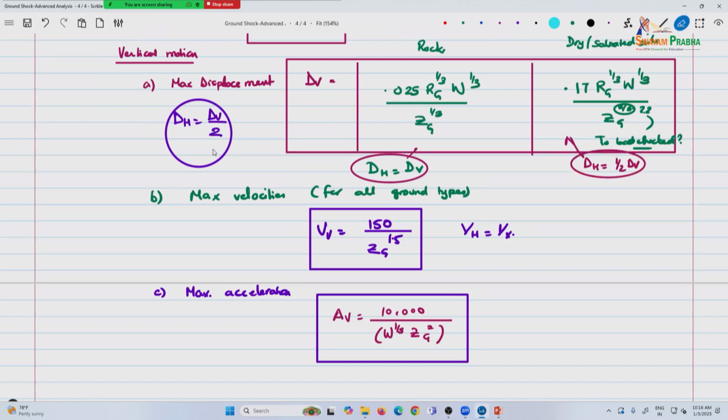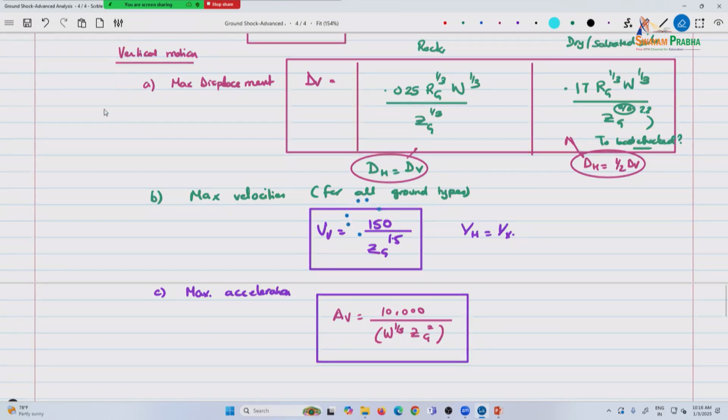So let's take this out. I'll show an example. So the acceleration, let's complete this.